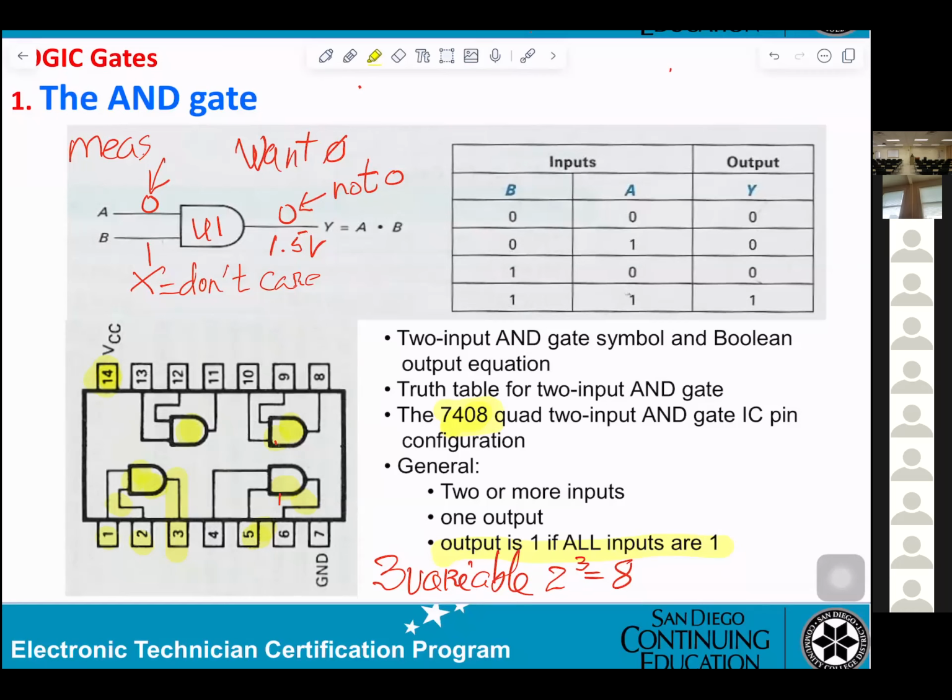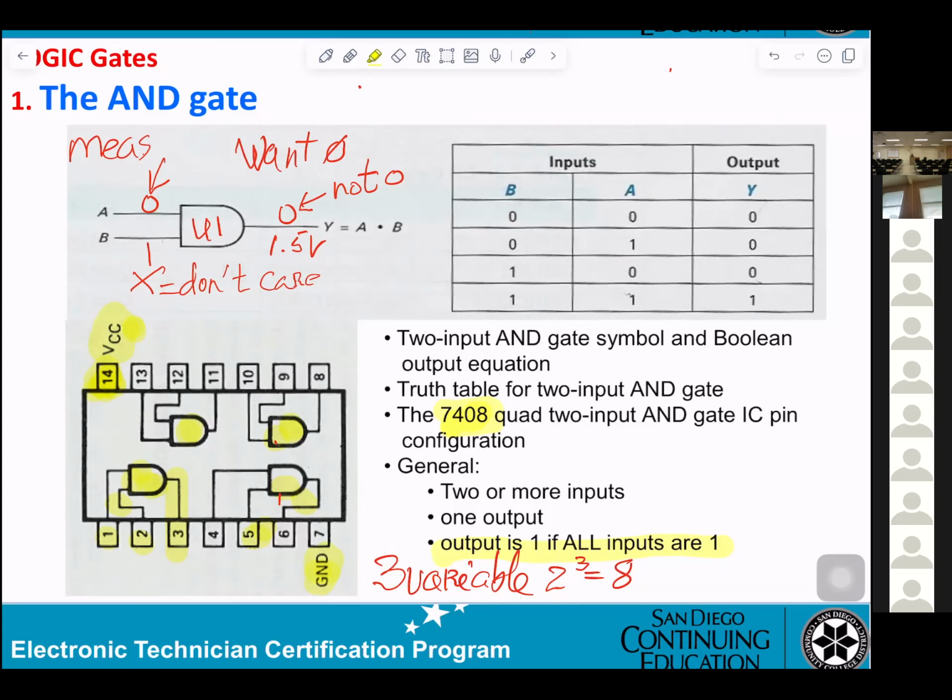Okay, normally the IC needs a power of 5 volt. That's what VCC 5 volt connects to pin 14. However, they have to get a ground. Ground connects to pin 7. If the IC doesn't have power and ground, it's not working.